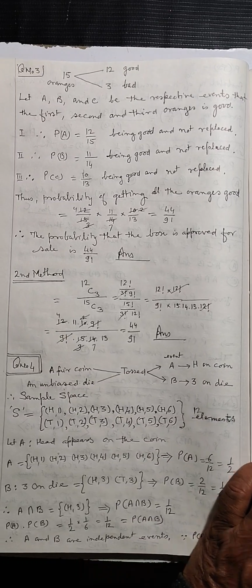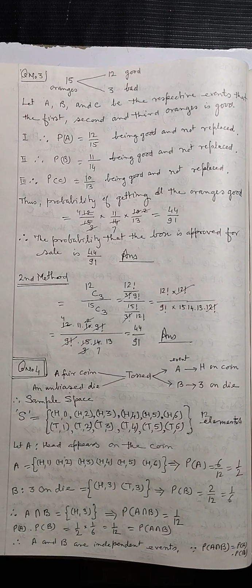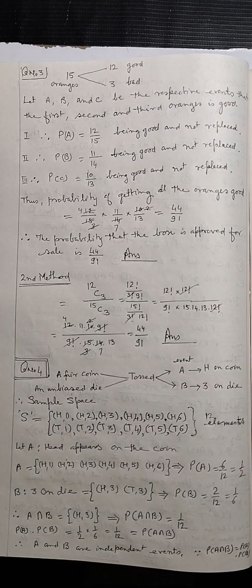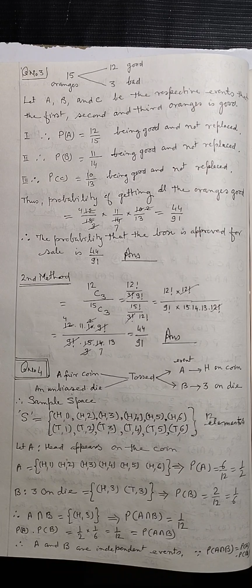Question number 3 states that the box of oranges is inspected by examining 3 randomly selected oranges drawn without replacement. If all the 3 oranges are good, the box is approved for sale. Otherwise, it is rejected.